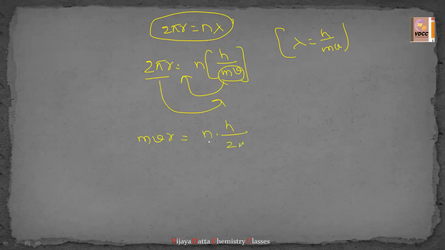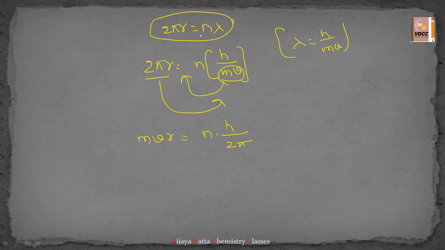This is the relation he brought, mvr equals nh by 2 pi. It is not explained by Bohr's postulates why mvr equals nh by 2 pi. It is because he has taken the circumference of the circle equal to a whole number multiple of the wavelength of an electron.